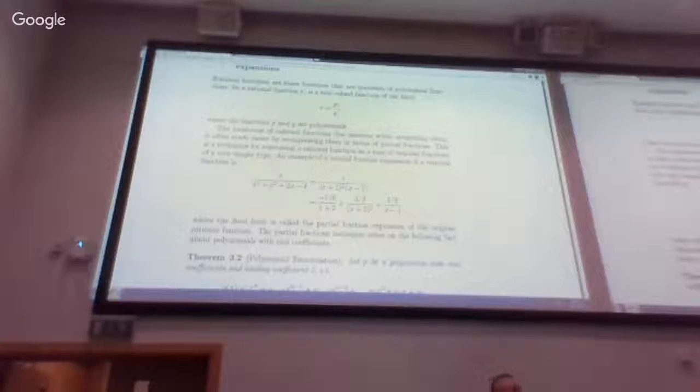Two polynomials can only be the same if the corresponding coefficients are the same, meaning corresponding coefficients of equal powers of x are each the same on either side of the equation. And so that will give you a bunch of equations in the unknown coefficients, which, using your Gaussian elimination technique from linear algebra, you know you'll be able to solve.